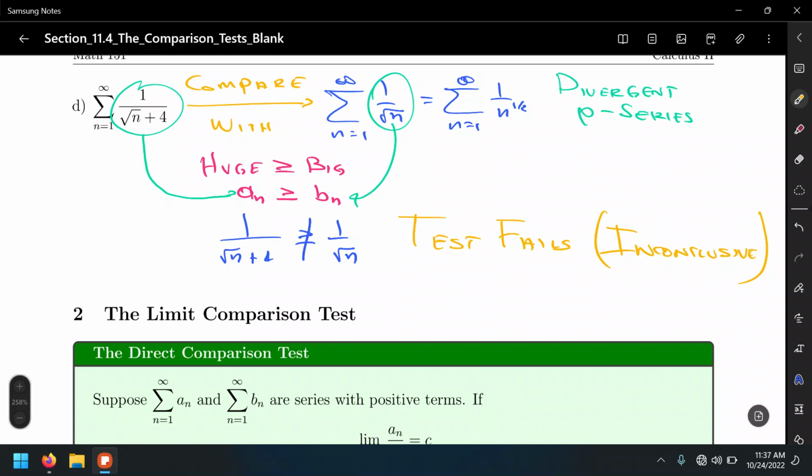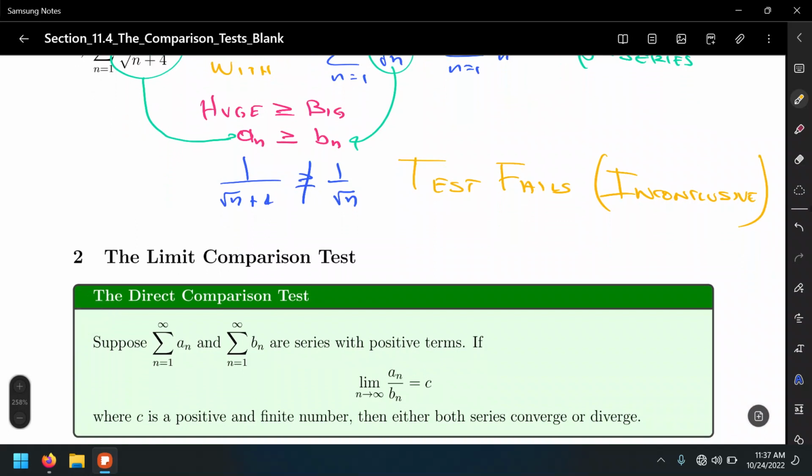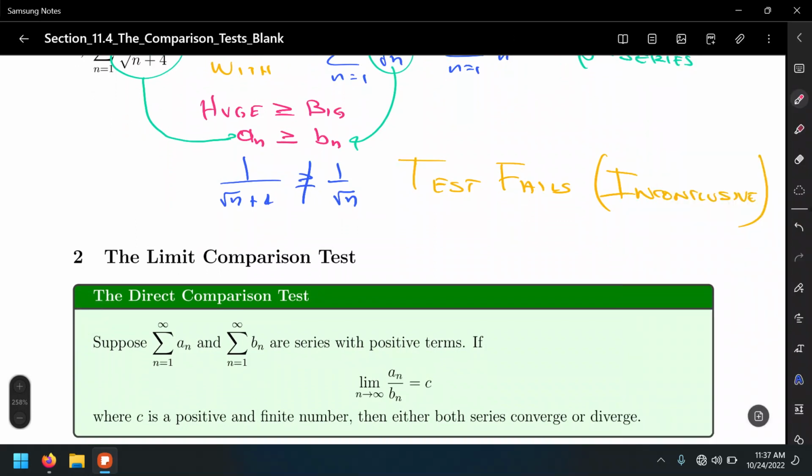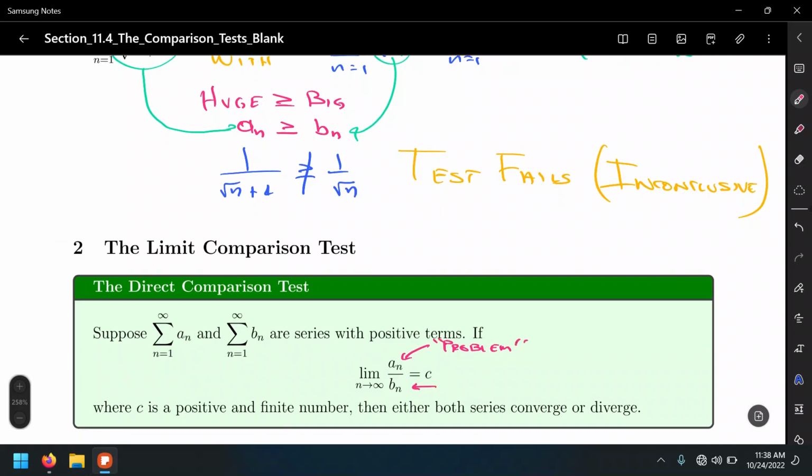So this time we're going to set a limit problem, and that limit problem is, number one, the limit of the ratio, a sub n, the problem, to the test series.